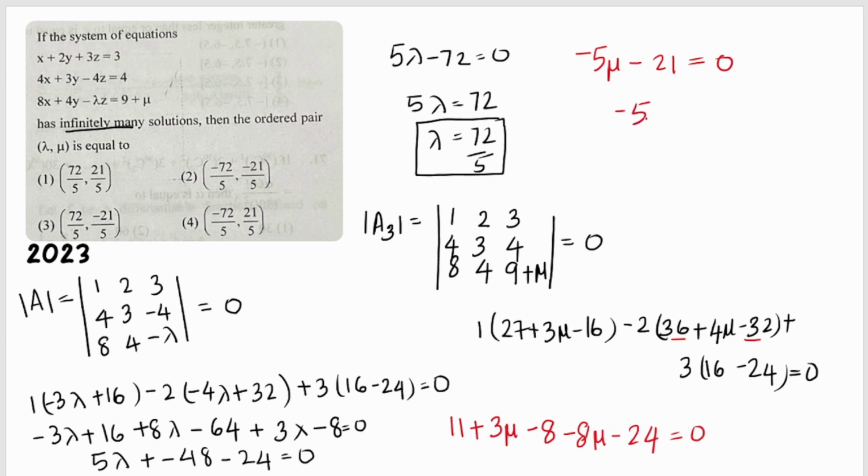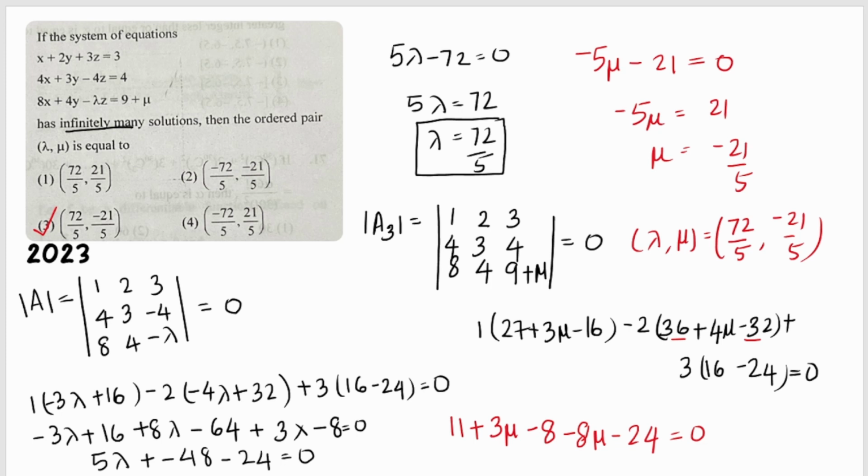Then minus 5 nu equals 21. Nu equals minus 21 by 5. So your ordered pair lambda, nu is equal to 72 by 5, minus 21 by 5. Option number 3. I hope this question is clear.